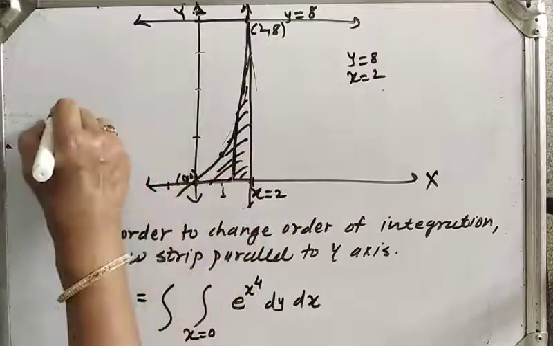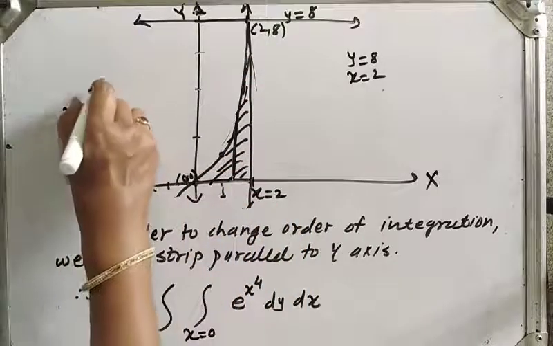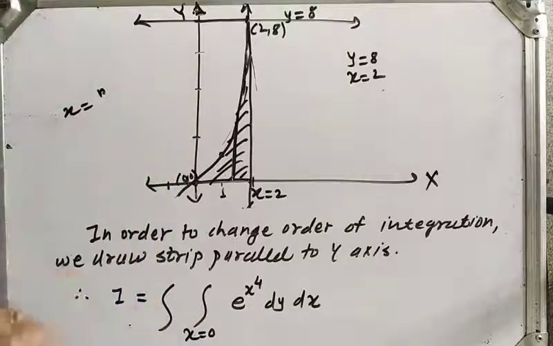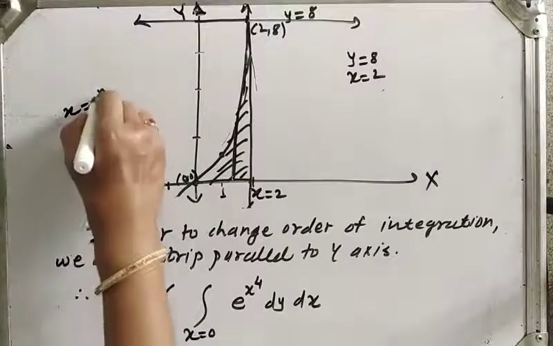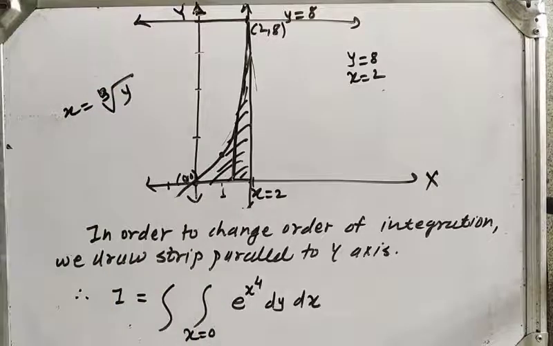This curve is x is equal to cube root of y. Okay, right, this equation is x is equal to cube root of y. Sorry, here y is equal to, not x is equal to 0, dy.